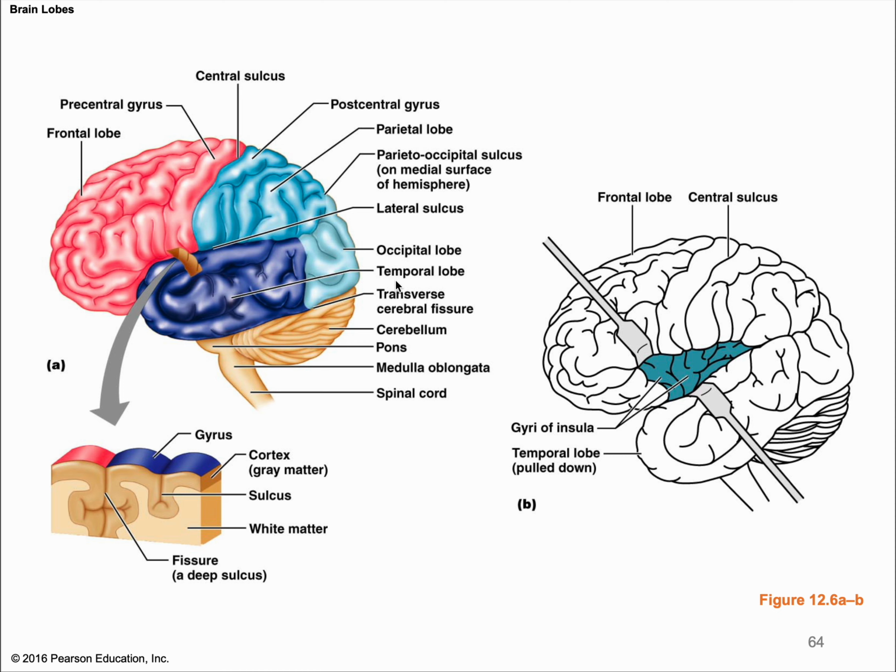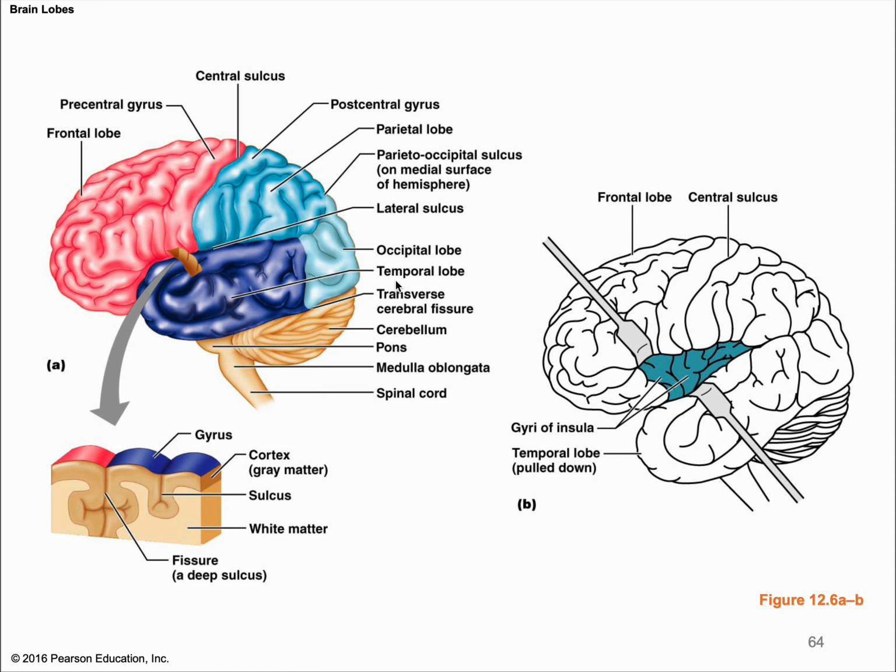Are you able to make rules? Those happen in the orbital frontal cortex. The prefrontal cortex handles judgment and decision making, and other frontal association cortices allow connection between those areas. And if you look at the parietal lobe, we have several different regions.